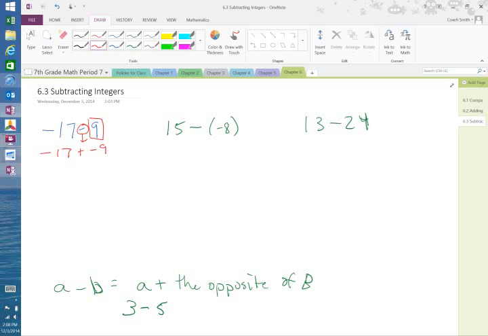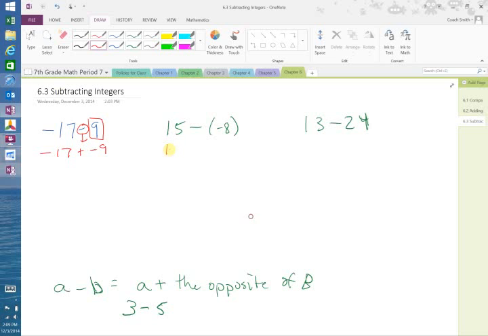Now, before I go any further, I want you to try the next one. Don't work it out. Just change it like we did that one. When you've changed 15 minus negative 8, raise your hand. Treston? 15 plus 8.